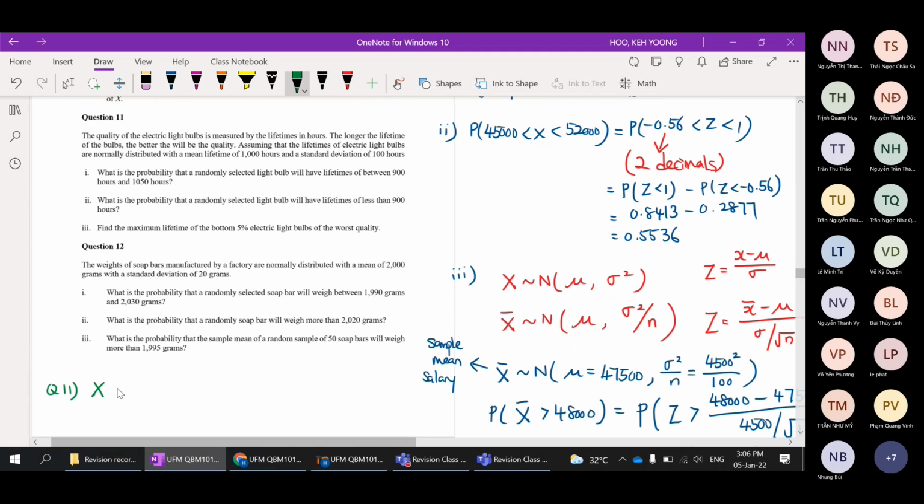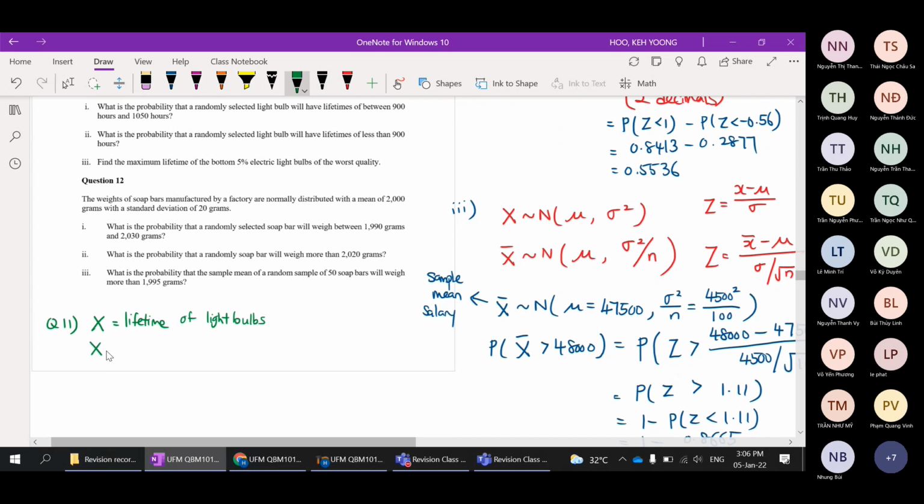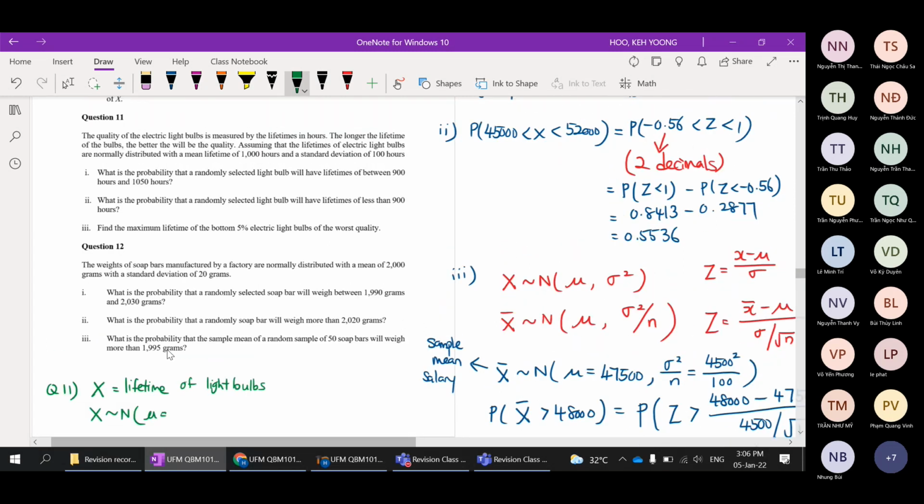The lifetime. X is the lifetime of light bulbs. The lifetimes follow a normal distribution with mean 1,000 hours, and the variance would be 100 squared.